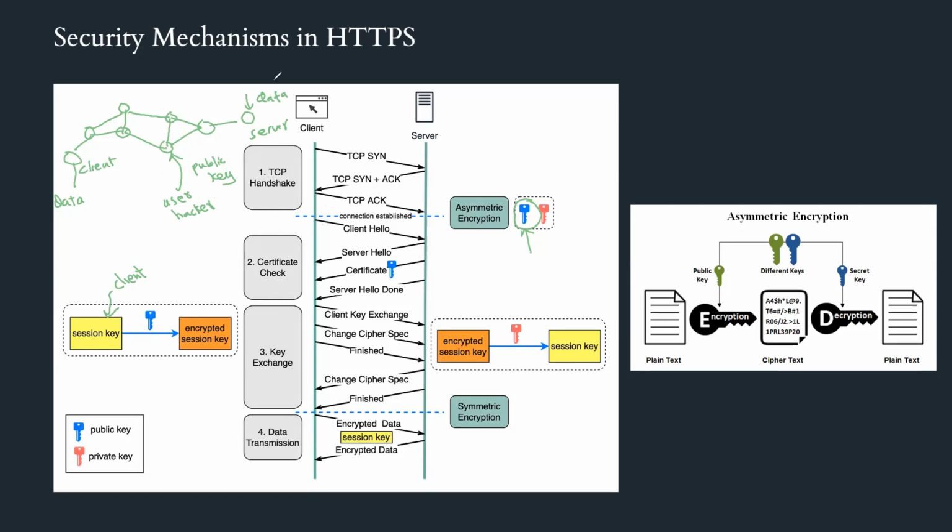But even though it has the public key, the client is the device which generates the session key. The session key is in the hold of the client device, and this session key is some kind of secret code which is not shared by any other device in the network.